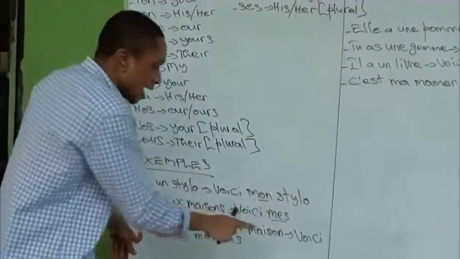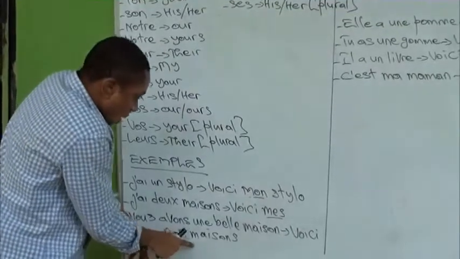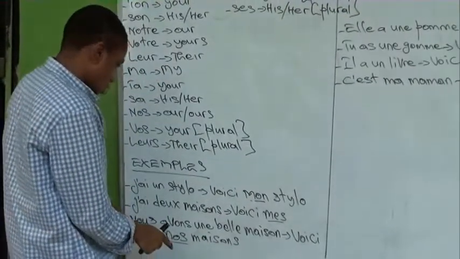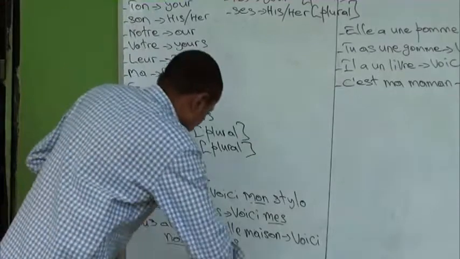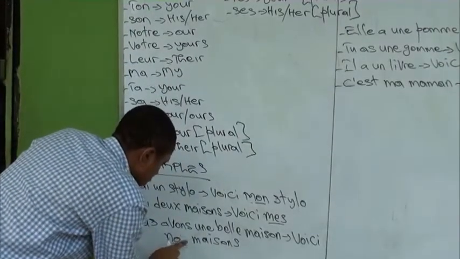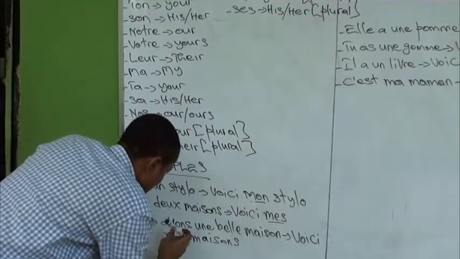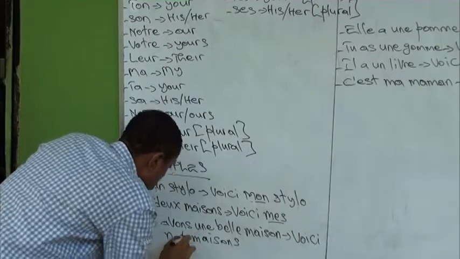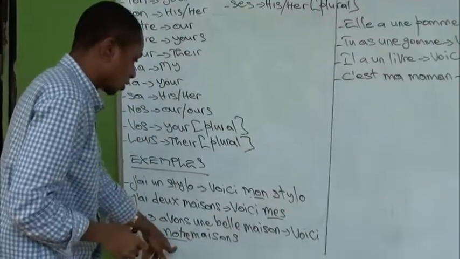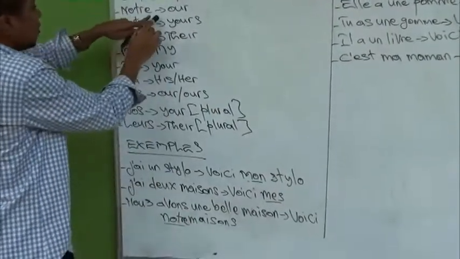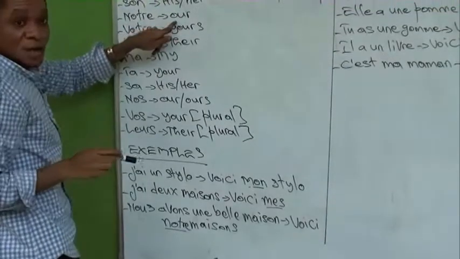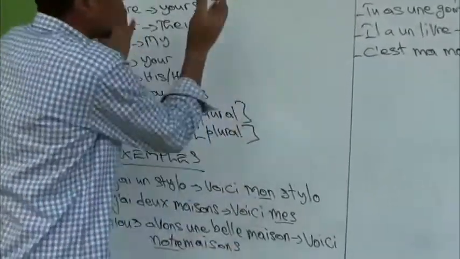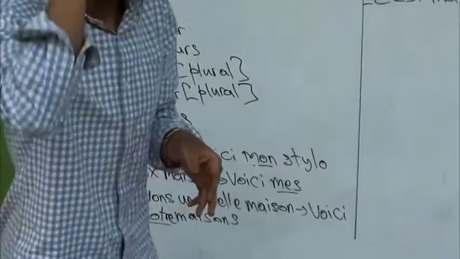So I will say, voici notre maison. Okay? And here we have our. Notre means our. So all questions about this lesson, you will start with voici.